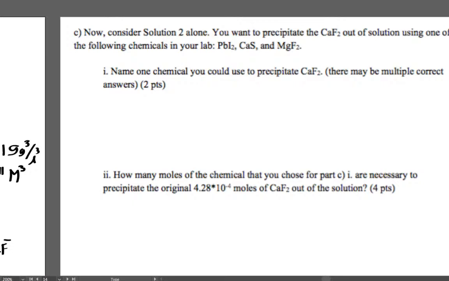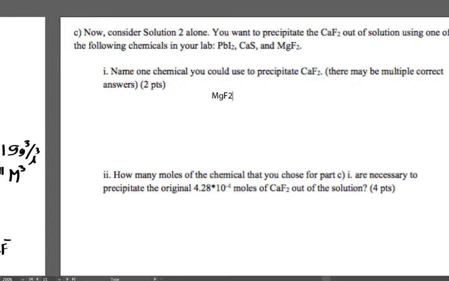The way to do this might be to use MgF2 or CaS. But I would say using MgF2 would be much better because it is going to transform that much more quickly.